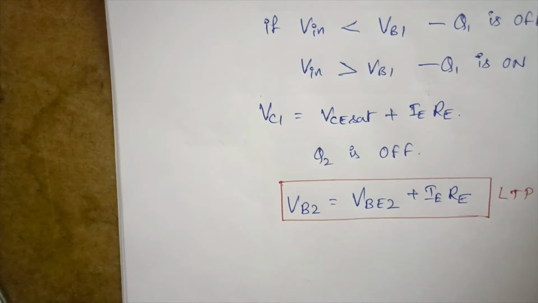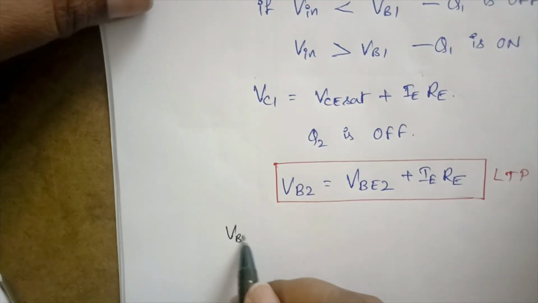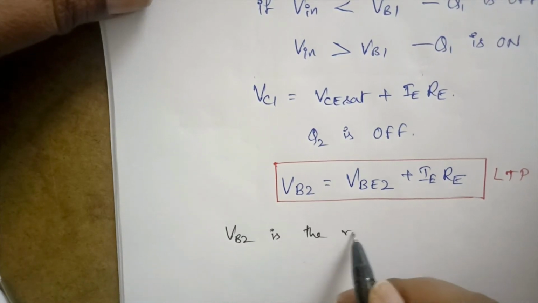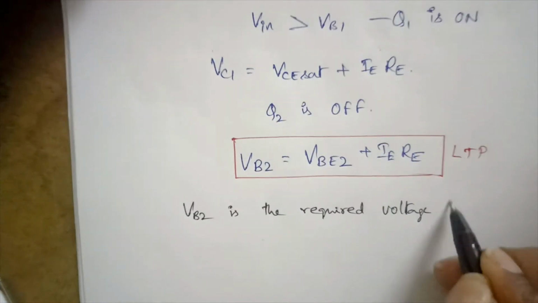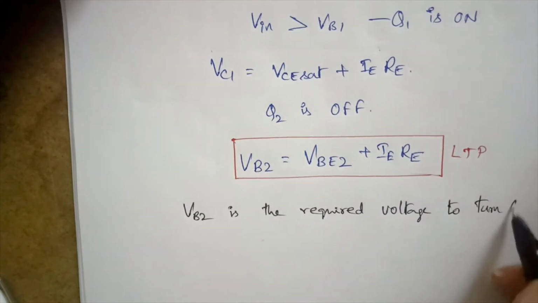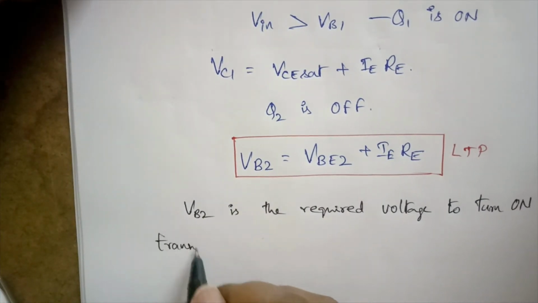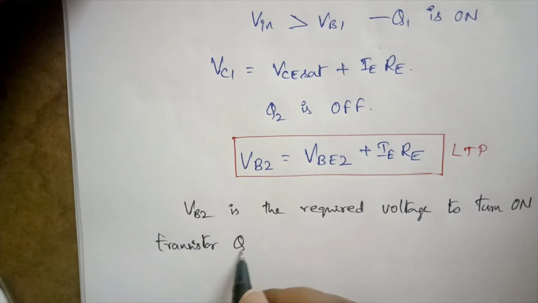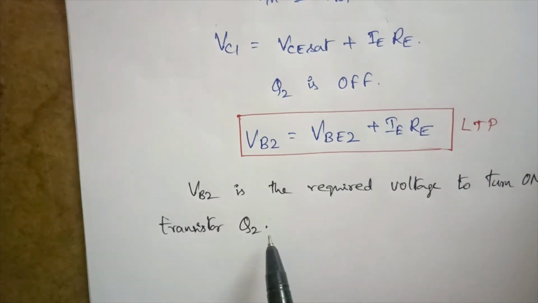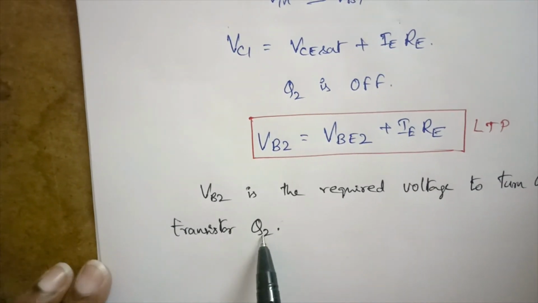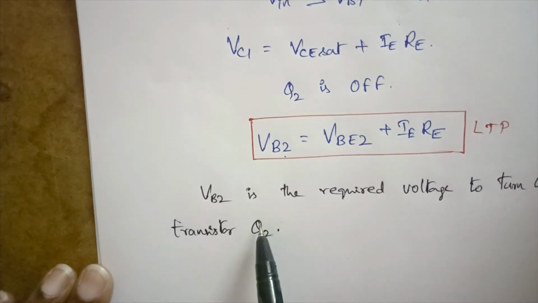So VB2 is the required voltage to turn on the transistor Q2. Once the input of the transistor Q2 is greater than VB2, then the transistor Q2 is on.